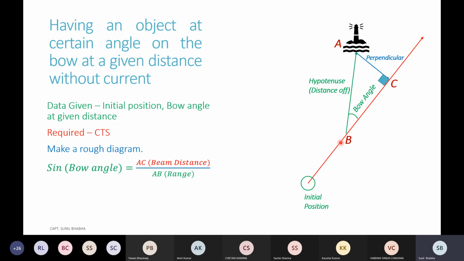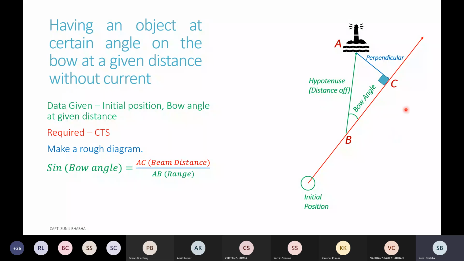So let's note this down. You can see this here. The sine of bow angle is equal to perpendicular, which is AC, upon hypotenuse, which is AB.